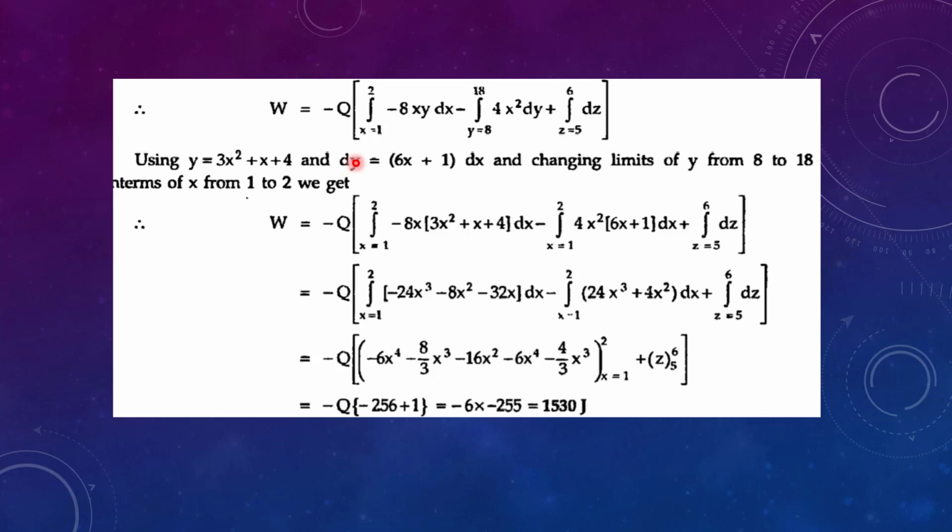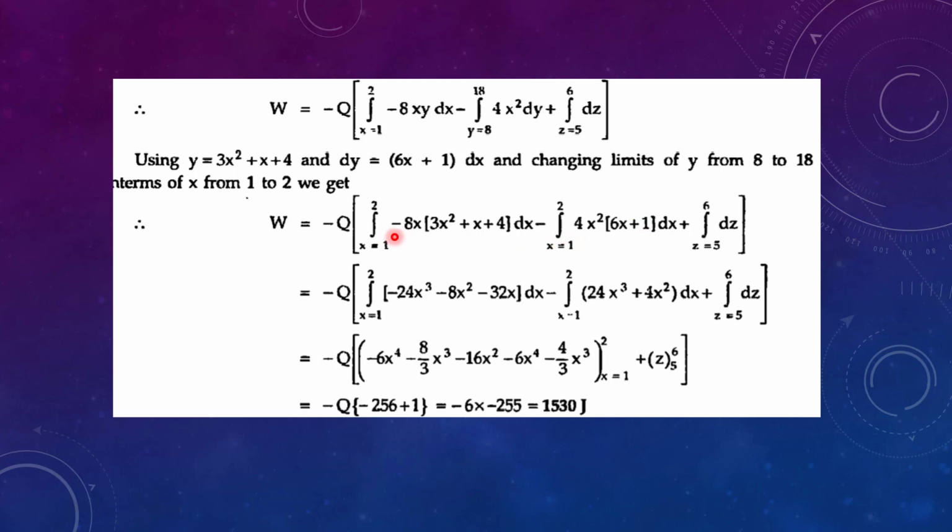So now we will replace this dy in the second parameter. We replace dy by (6x + 1) dx, and we replace y here because we don't want y. So y is replaced by 3x² + x + 4. So we'll replace these two quantities into complete x values.